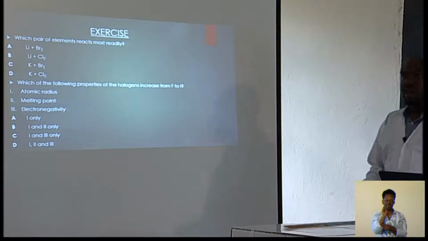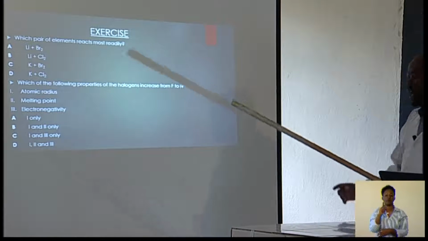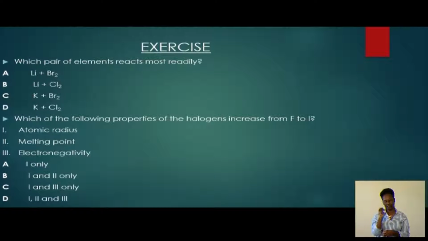So think about it and suggest the right answer. Which of the following properties of the halogens increase from fluorine to iodine? Some seconds and you suggest the right answer in your books.